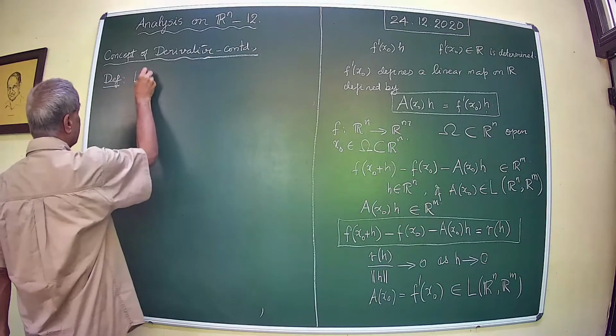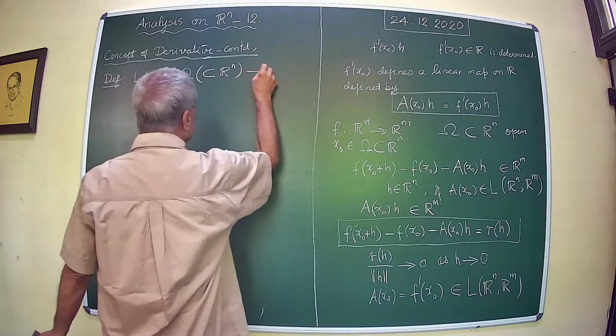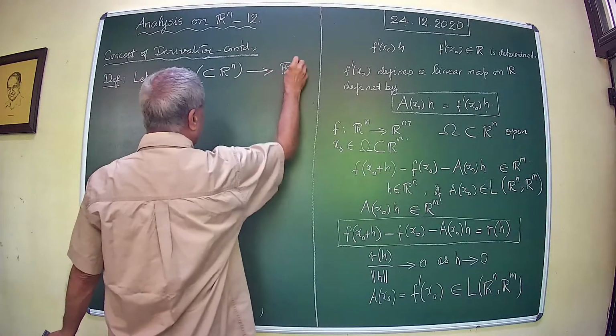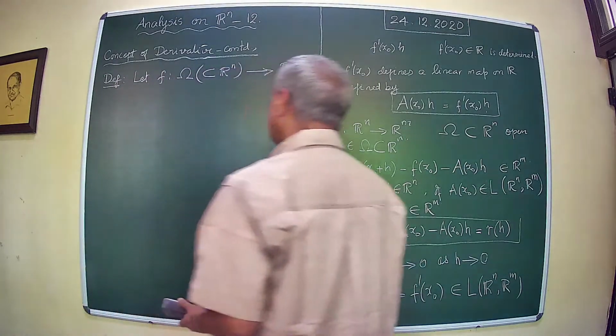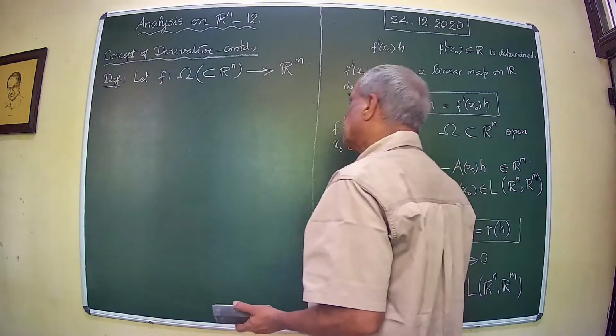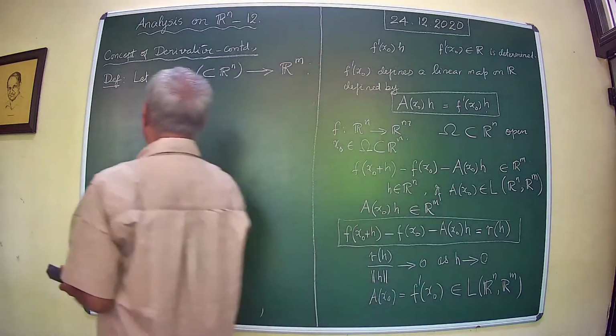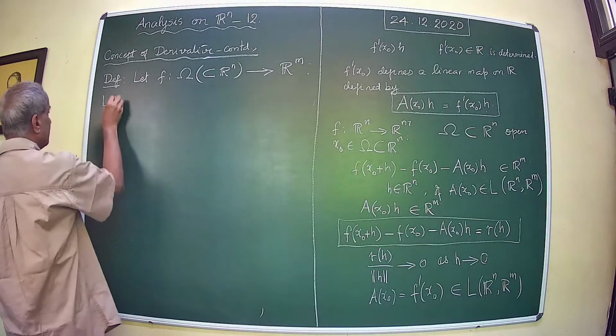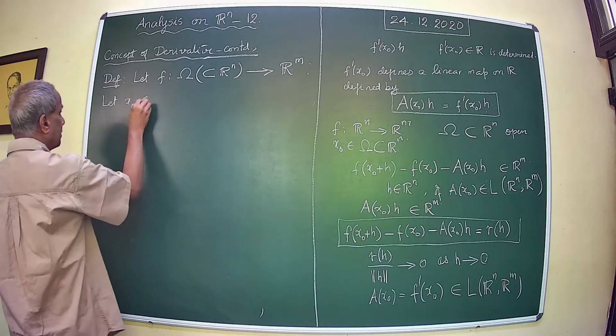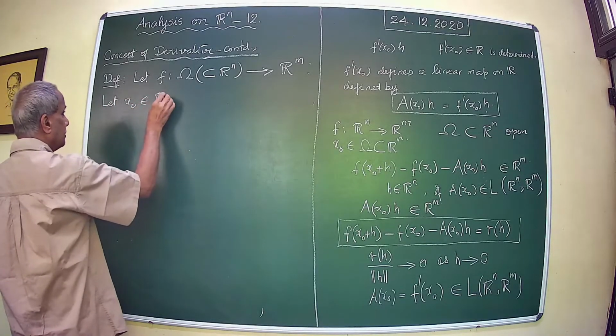Let f: Ω → R^n, and let x naught belong to Ω.